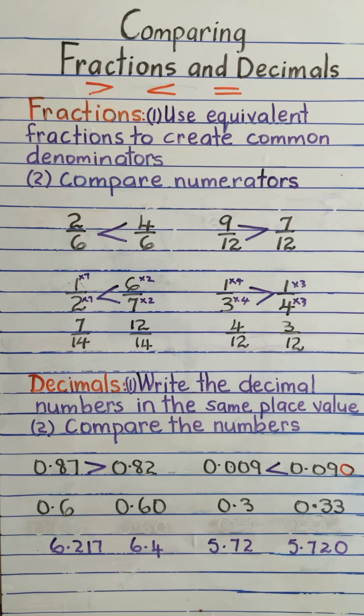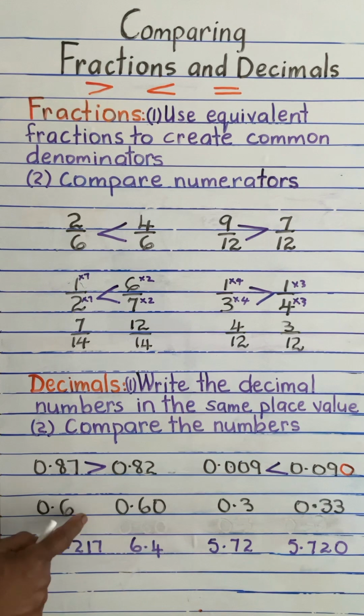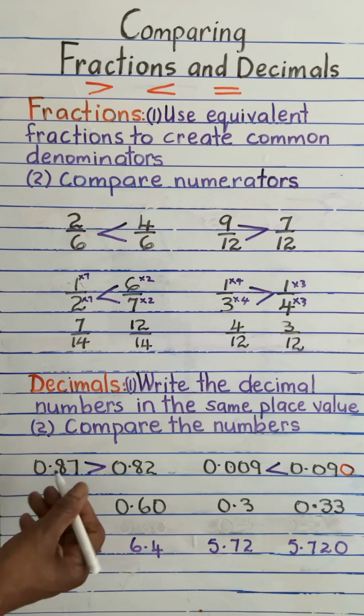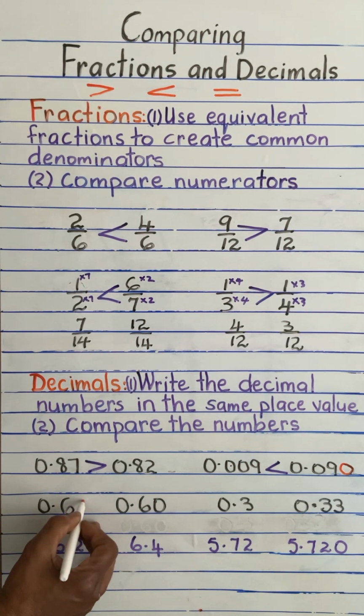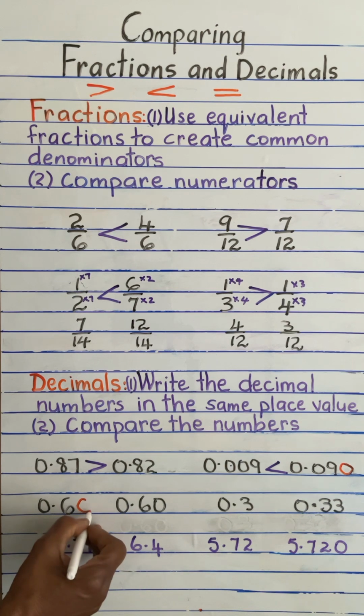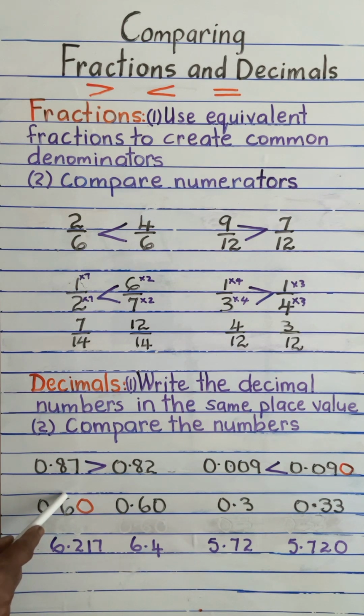Next, 0.6 and 0.60. Here again, we have 2 digits after the point. So we need to make this the same by putting a 0 as a placeholder. It doesn't change the value. Just a placeholder to make the 2 decimals have the same place value. Now we can compare. We have a 6 here and we have a 6 here.